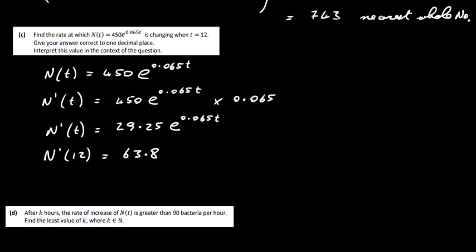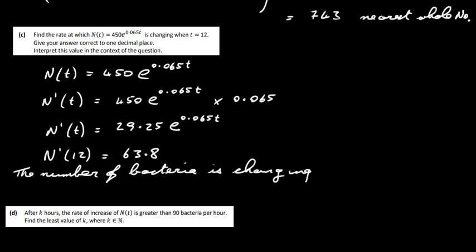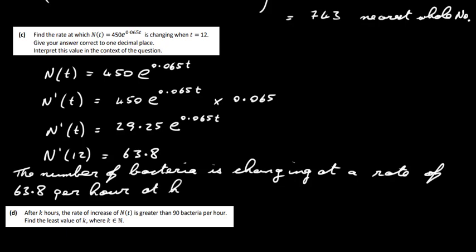So what it means is the number of bacteria is changing at a rate of 63.8 per hour at hour 12, and this is after they start.